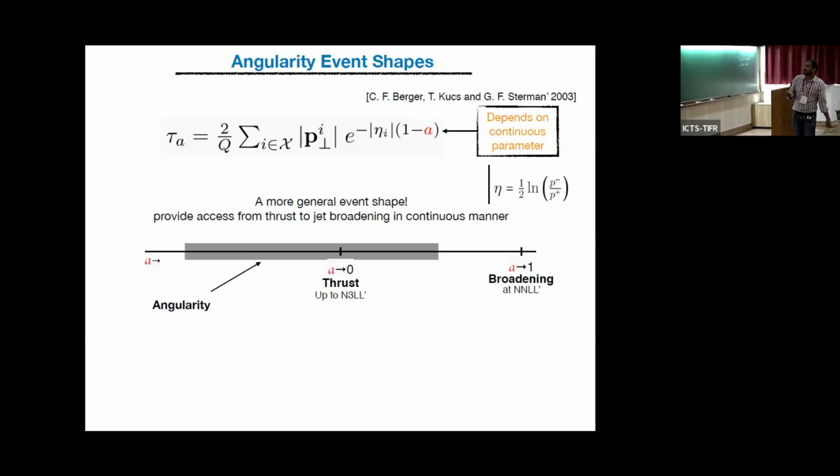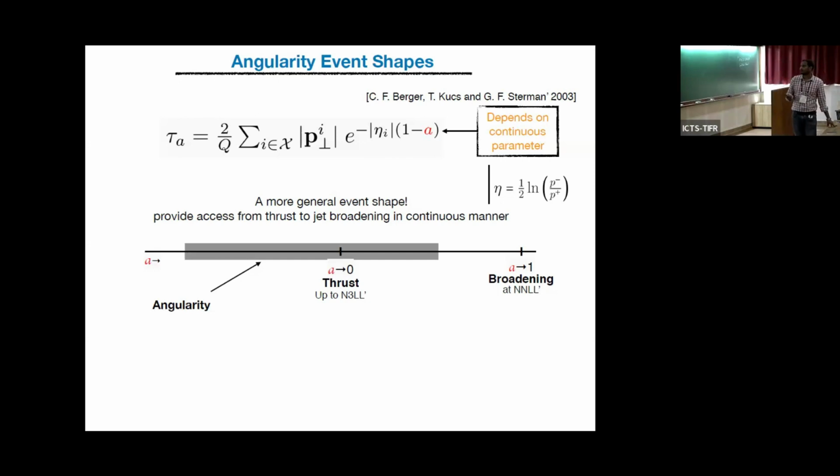If we look at this angularity parameter space, which is pictorially drawn here, since this is a continuous parameter, by regulating it we can actually access all the other global event shapes in a single angularity study.